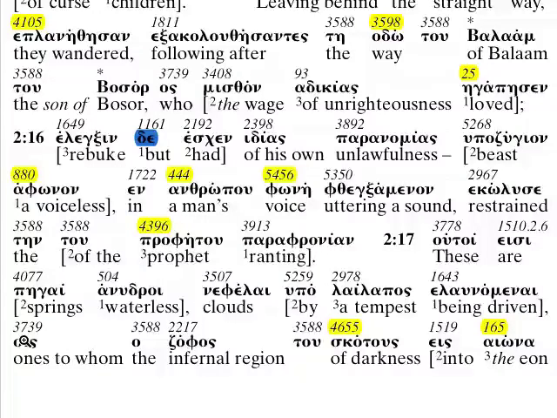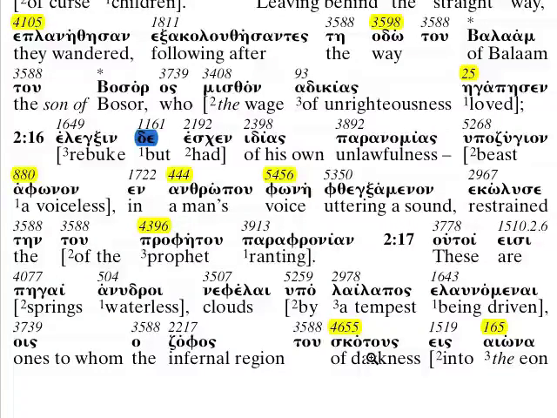Ones to whom the infernal region of darkness, darkness now here and not the abyss. So it says it's a place of darkness, and everybody there is going to be going there. Place of outer darkness, it mentions, I believe, in Revelation. There's no light. We have the light in heaven. It's not the sun, but it's God, the light from God.